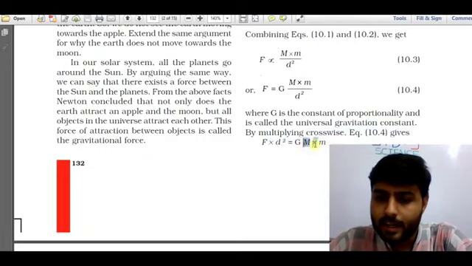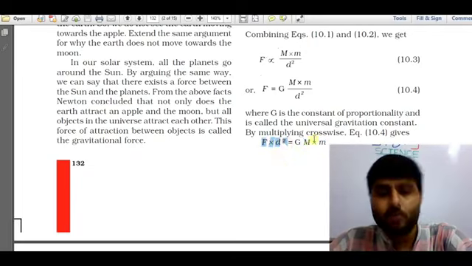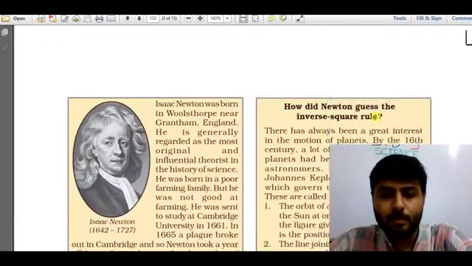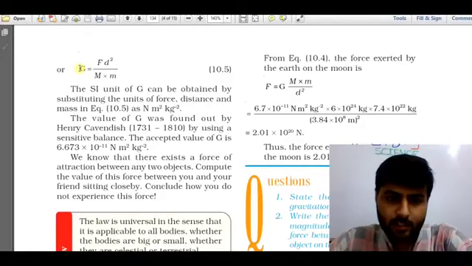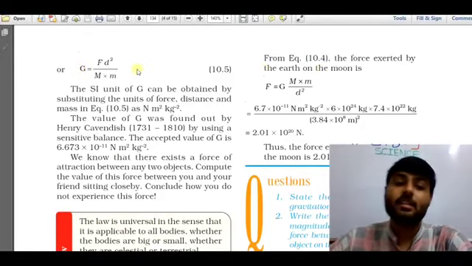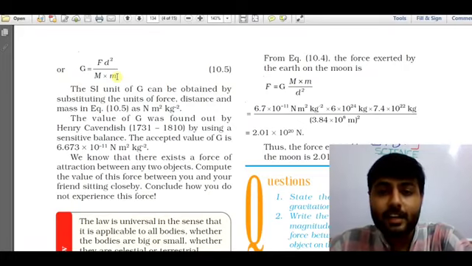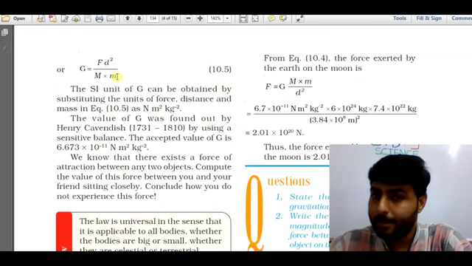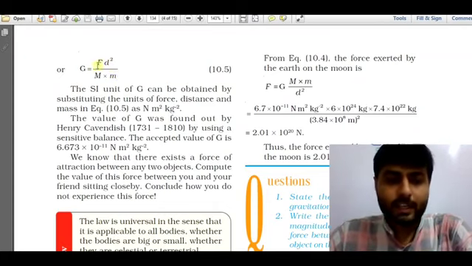Now here we have small m and capital M. Put this small m and capital M in denominator of F d square. So now we have this equation 10.5, that is G is equal to F d square divide capital M multiply small m. What is G?